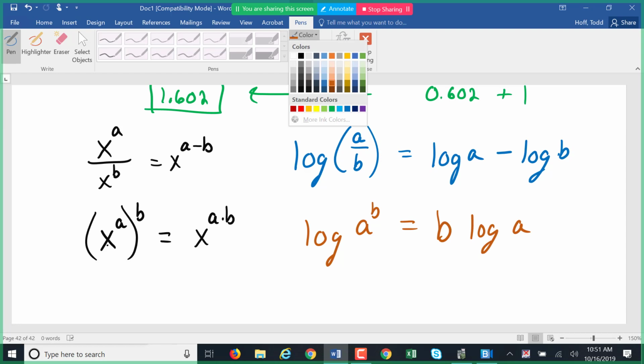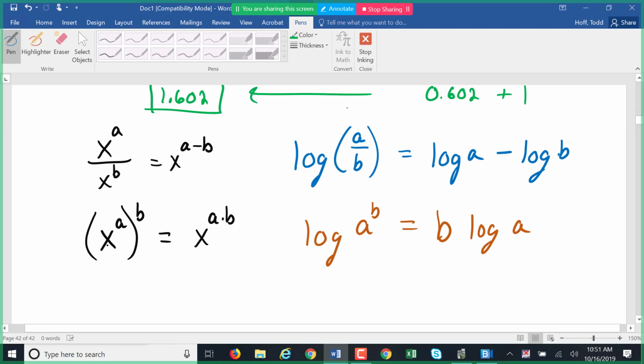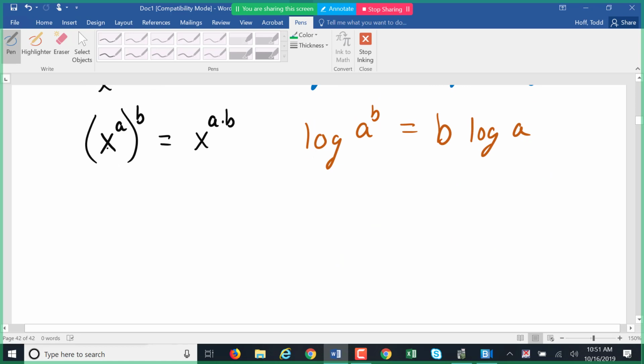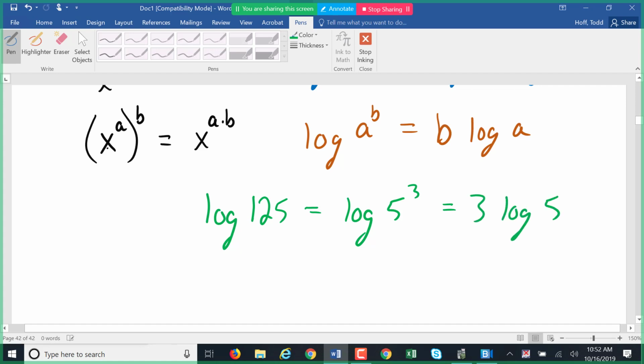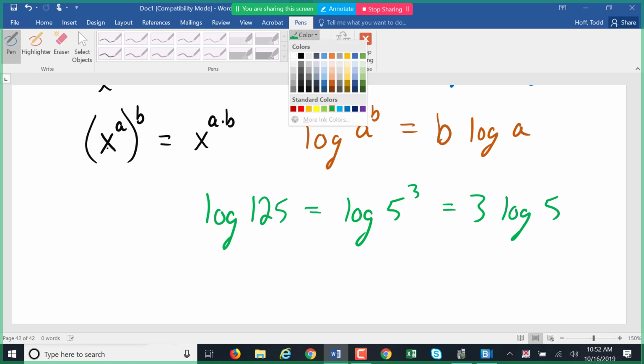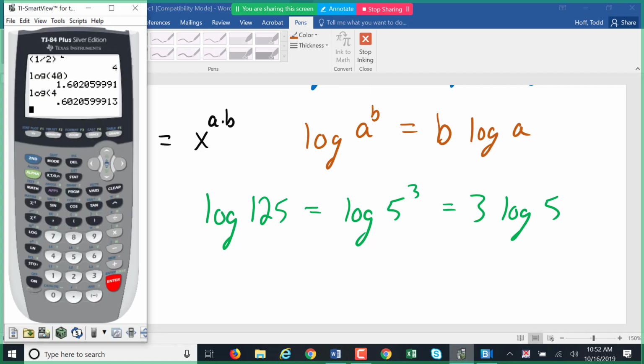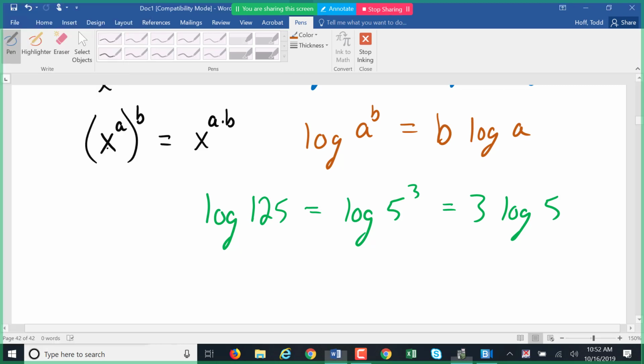Let's do an example of that. So let's do log of 125. That's equivalent to log of 5 to the third power. 125 is 5 to the third power, which is, according to this, equivalent to 3 times the log of 5. Let's take a look at that. Let's calculate the log of 125, giving us 2.097.